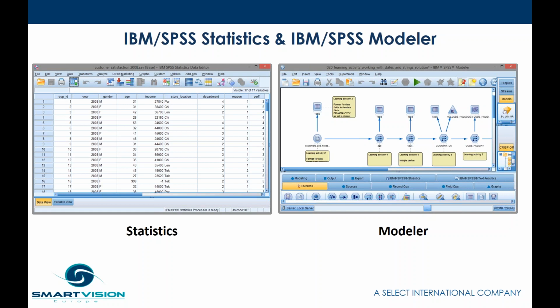SPSS Statistics in some ways is more classical windows in the style of menus and dialog boxes. Modeler is more about drawing workflows or streams, as they're known, and visually creating jobs that allow us to run data flows, build models, and test them, and so on.